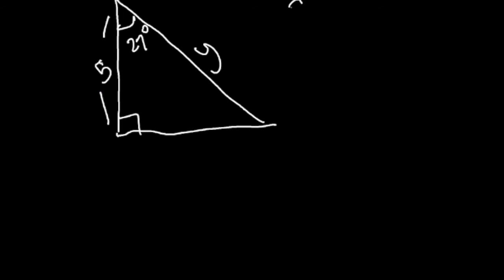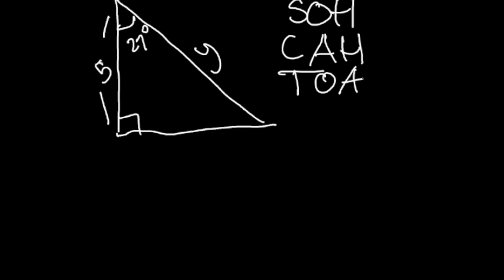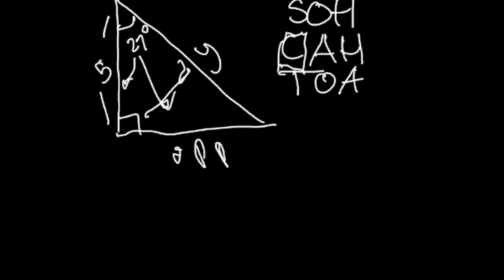Let's write these down again, because these really help to find out which one it is. Since we know this is the opposite side, we can write down opposite if we want. This is the adjacent side, and this is always the hypotenuse. So we know the adjacent and the hypotenuse, which leads to the conclusion that we can use cosine.